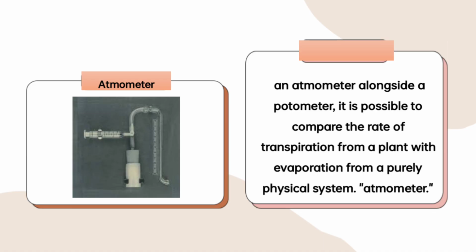The atmometer is the instrument used for measuring the rate of water evaporation from a wet surface to the atmosphere. Atmometers are mainly used by farmers and growers to measure evapotranspiration rates of crops at any field location.